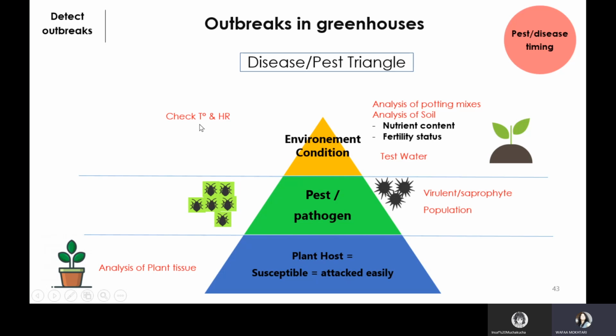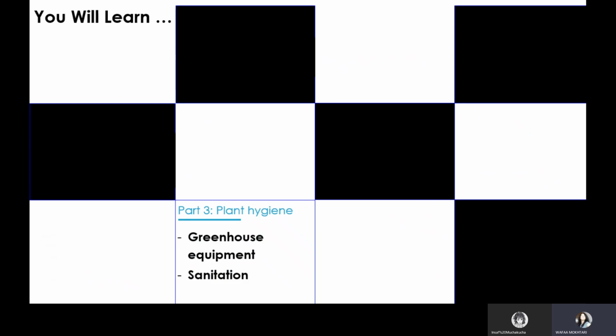You check temperature, you check what we call relative humidity, and relative humidity is actually moisture. So whatever is in this triangle is really important for the outbreak. If you know all this, you would know how to control and manage your disease or pest.